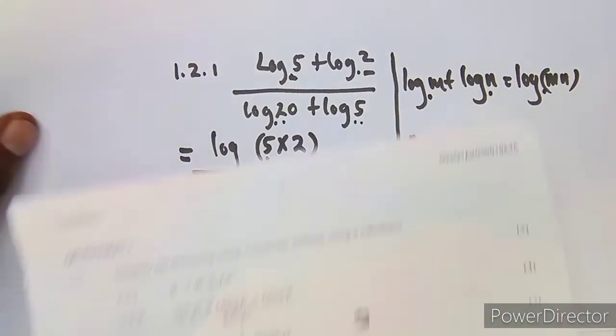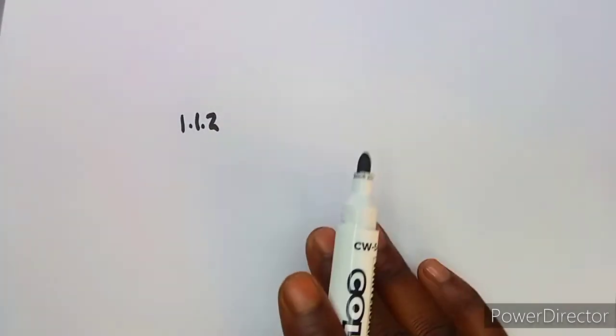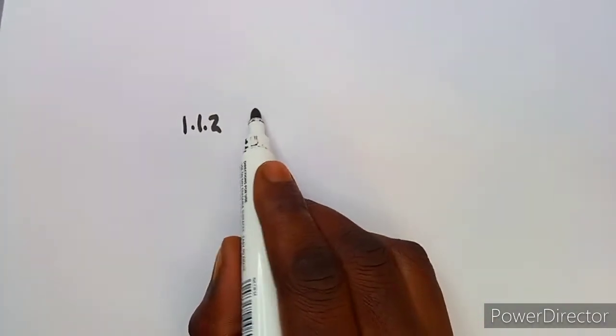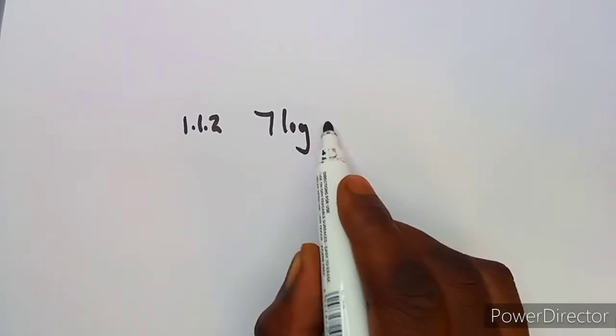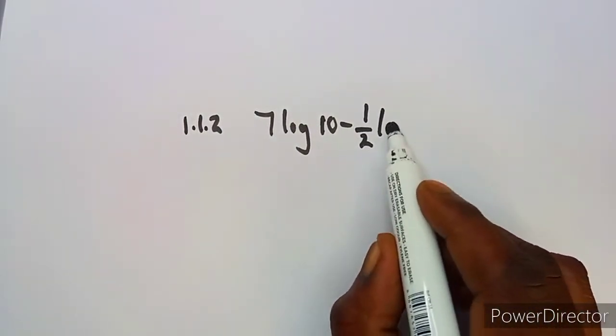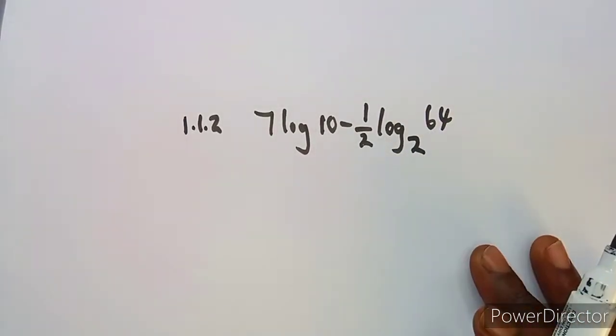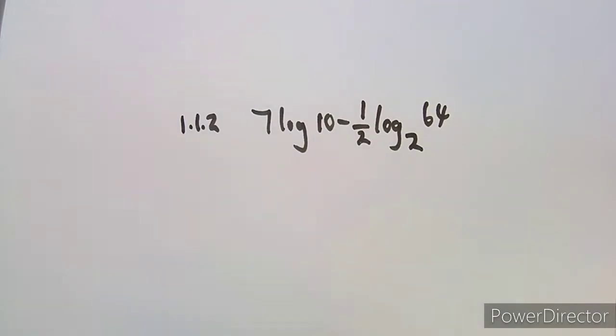All right. Another part on 1.12 is to simplify again. We are given log 7 log 10 minus a half log 64 base 2, like this. All right, so what am I going to do? If you cross check, the first part is the same as the one that we just talked about, where we are given a log 10.